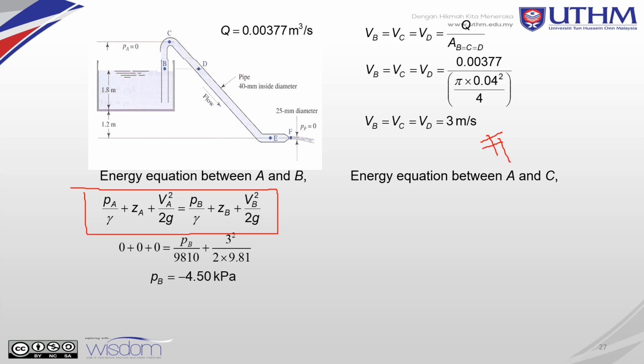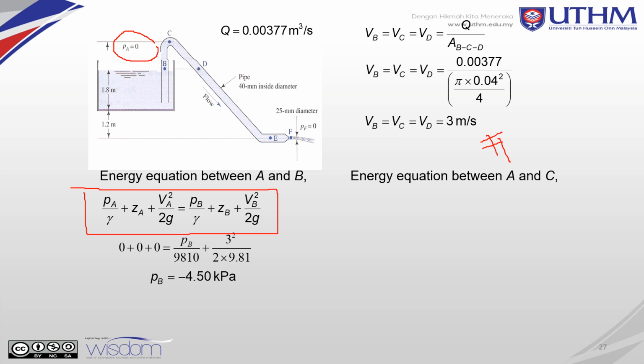Point A pressure is 0 because this is atmospheric pressure. The elevation ZA and ZB have no difference between the points, so ZA minus ZB is 0.